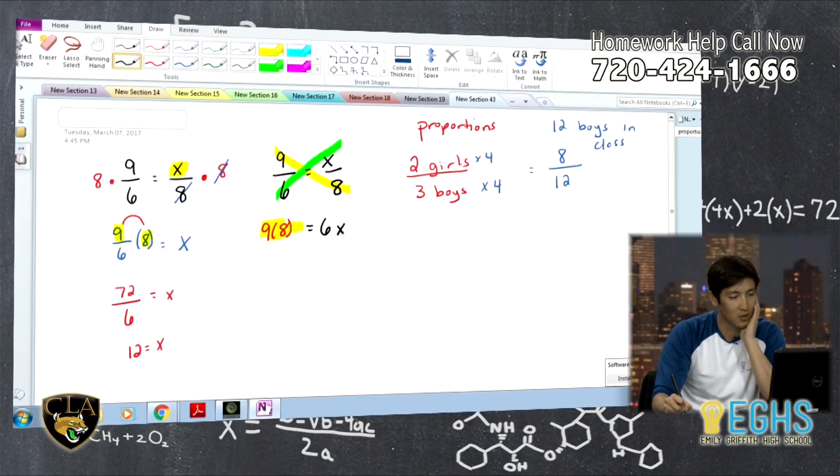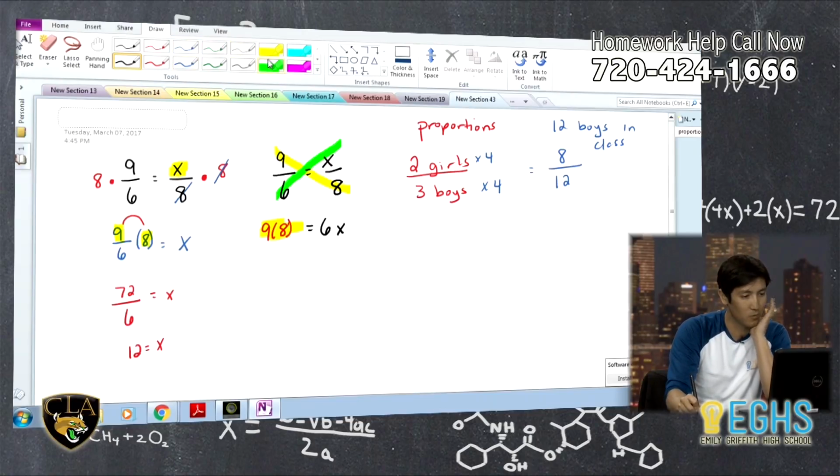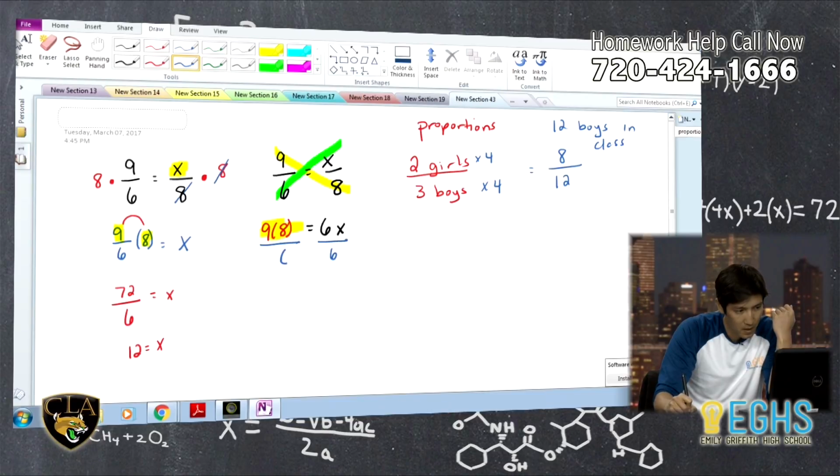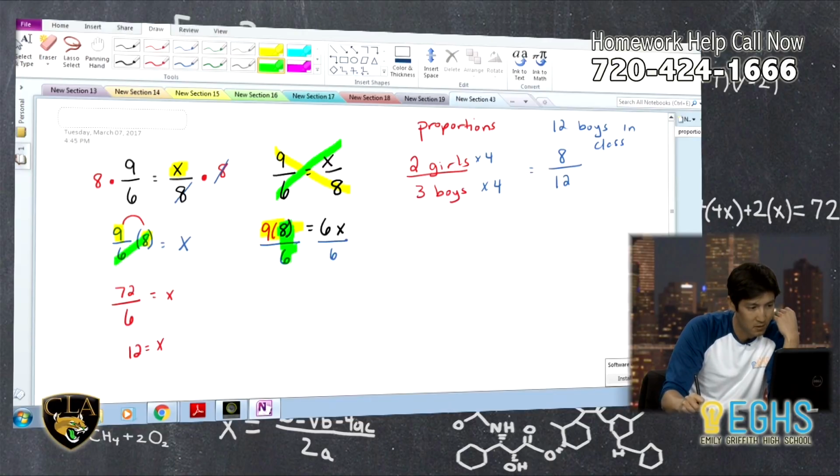Now, if I leave this alone, and by that I mean don't simplify this 9 times 8, what you'll see is that to solve for x over here, I'm going to divide by 6 on both sides. And now you can see where this division by 6 is happening right here.